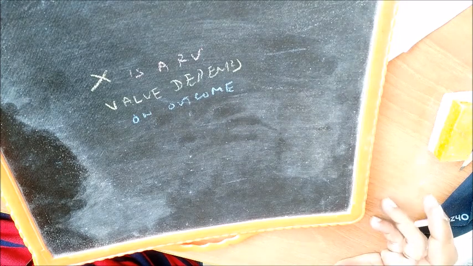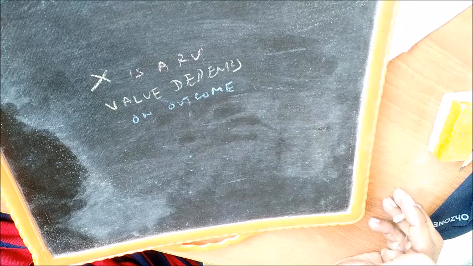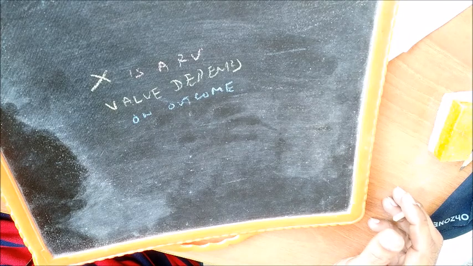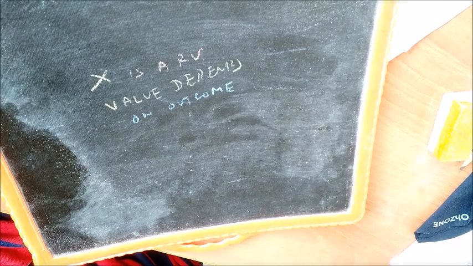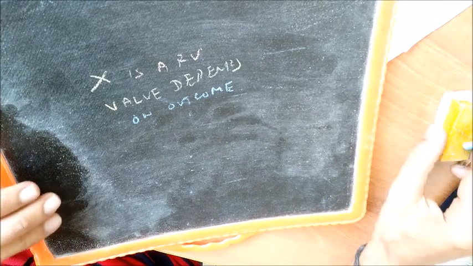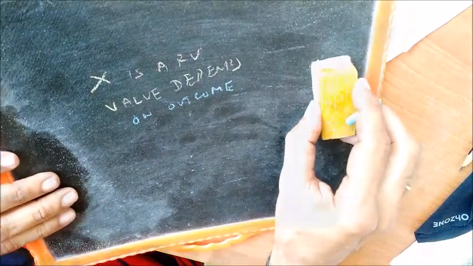So if I say X turns out to be 0, that means the face which is mapped to 0 has come out when you roll the die. So this is the idea of a random variable.